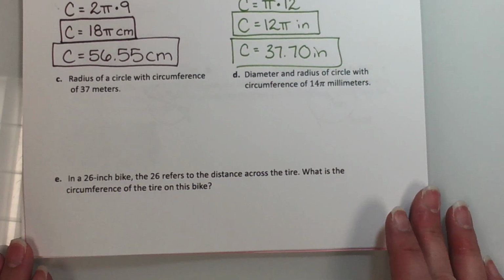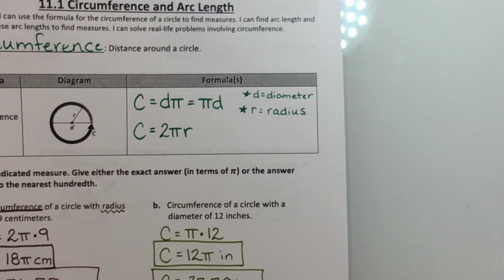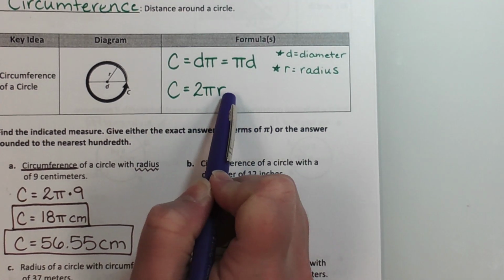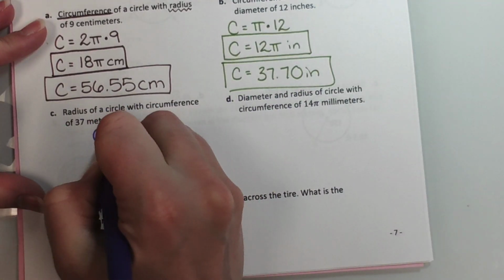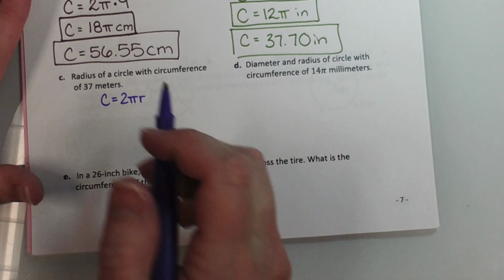Okay. Radius of a circle with a circumference of 37 meters. This time I'm looking for the radius. Which formula makes more sense to use? The bottom one, because I'm looking for the radius. I was given the circumference. This is my formula. I plug in what I know.